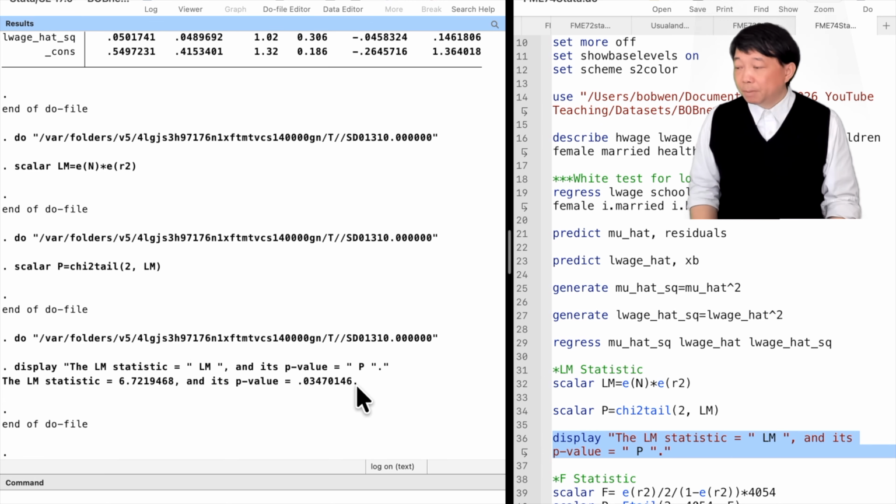Compared to the BP test, the White test provides stronger evidence of heteroskedasticity. Recall that we fail to reject the homoskedasticity hypothesis at 5, 10, or 15% in the BP test.